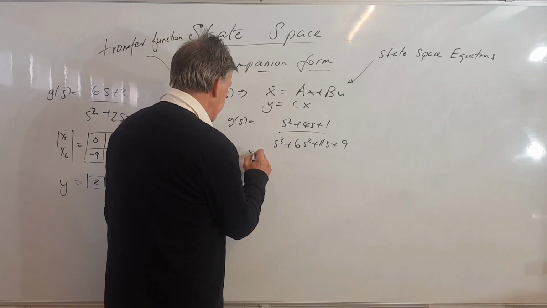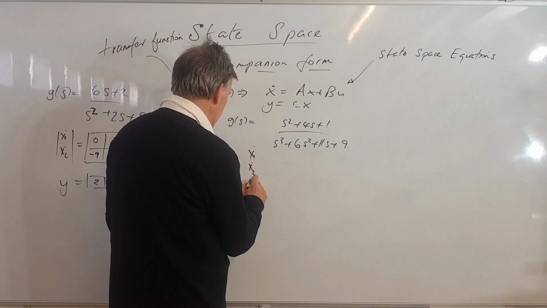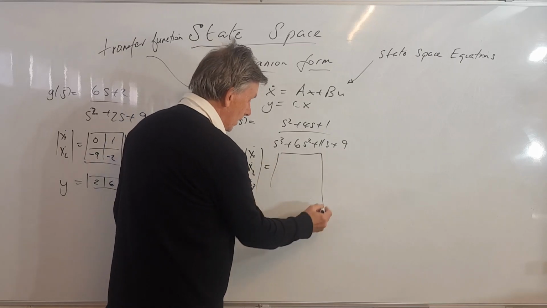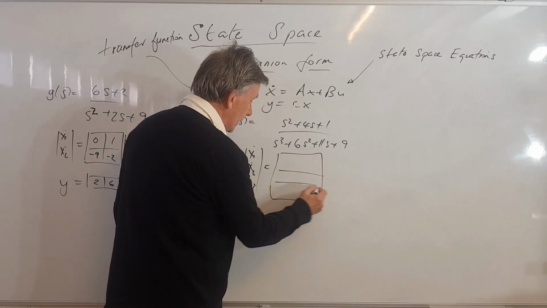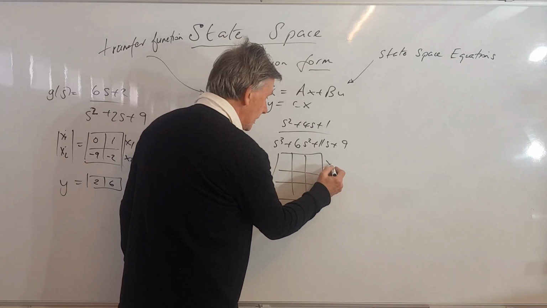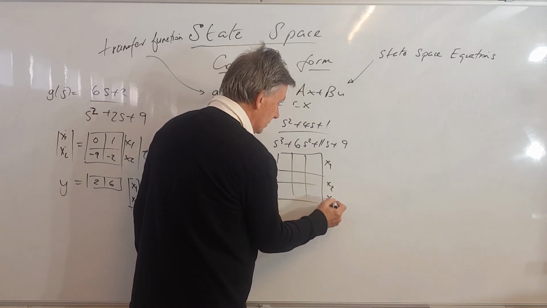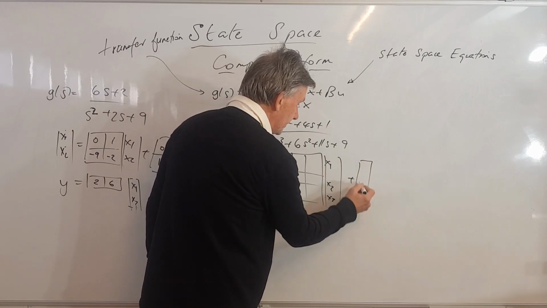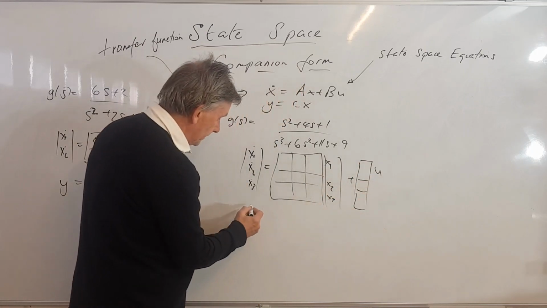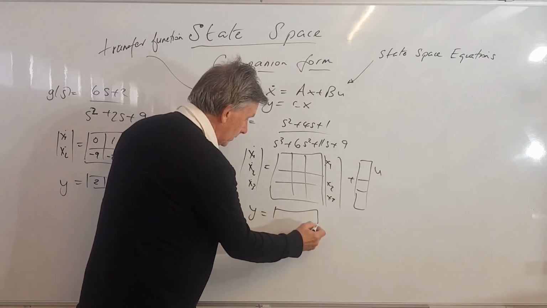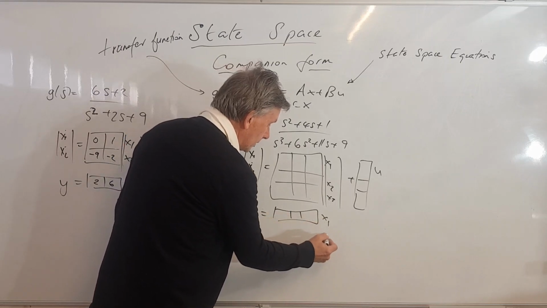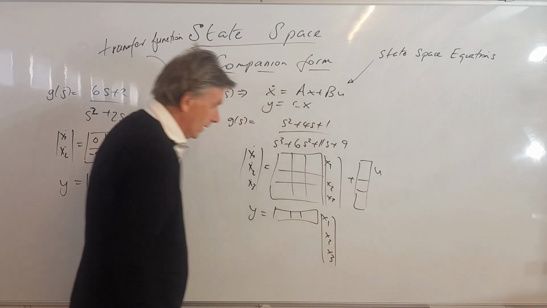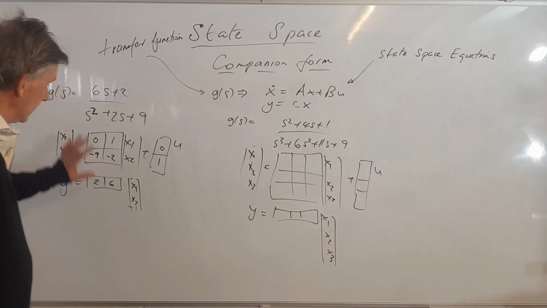It's going to be x1 dot, x2 dot, x3 dot, with a 3 by 3 matrix times x1, x2, x3, plus something times u, and y equals something times x1, x2, x3.